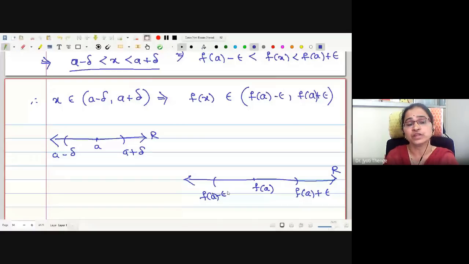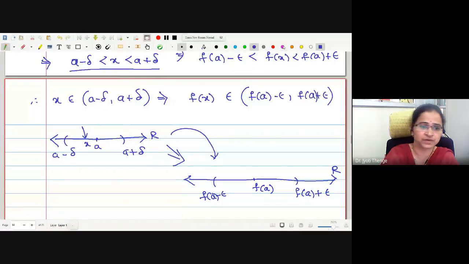Now, the definition of continuity says whenever an arbitrary point x is in this neighborhood, in this open interval, then it will imply the corresponding f image. I just marked it with a different color pen so that you will get a correct idea. This is an arbitrary point.